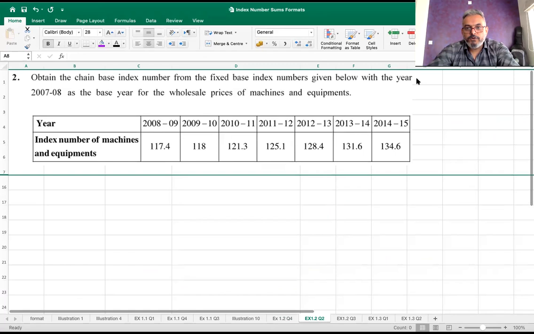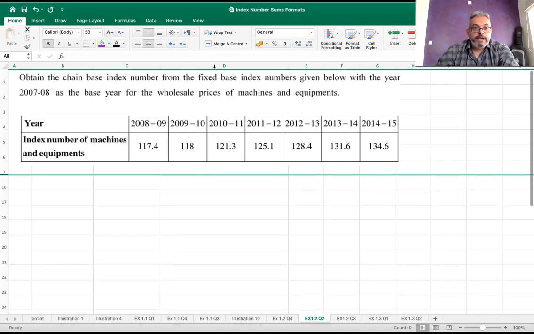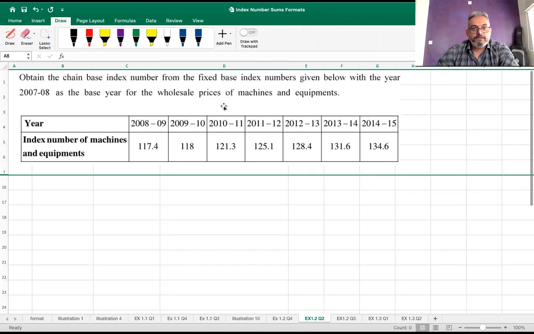Obtain the chain base index number given below with the year 2007-2008 as the base year for the wholesale price of machines and equipments.